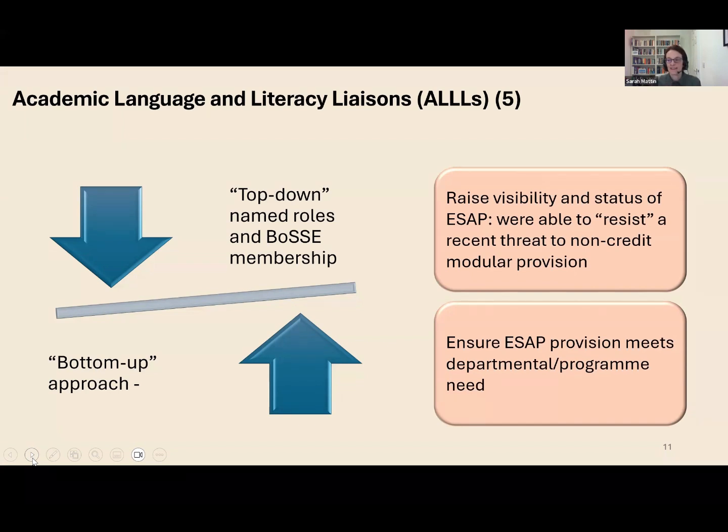The idea of this model is certainly not to suggest that those individual relationships between ourselves and the departments are not important. Of course they are. Of course, individuals nurturing relationships between themselves, that is key.